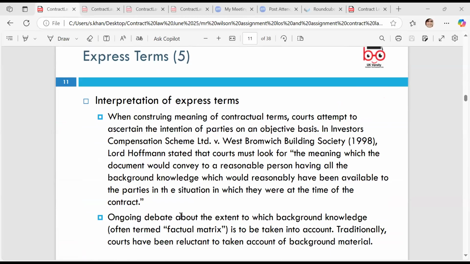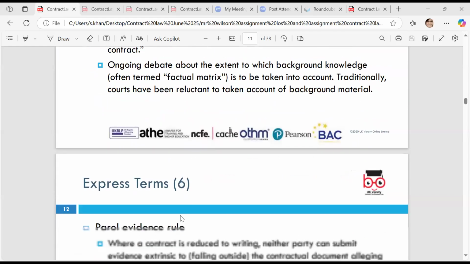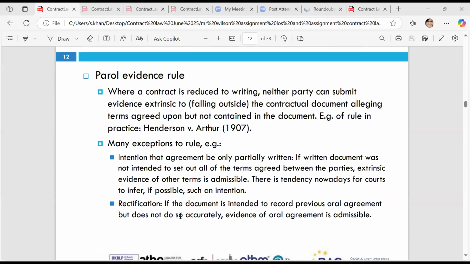The case they looked at was the Investors Compensation Scheme Limited and West Bromwich Building Society 1998. The parol evidence rule is where a contract is reduced to writing, neither party can submit evidence extrinsic to the contract.